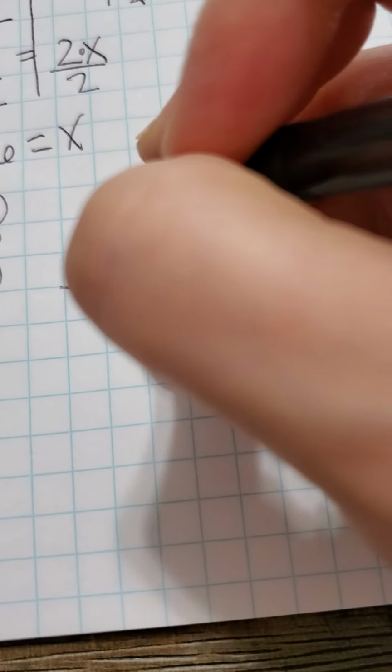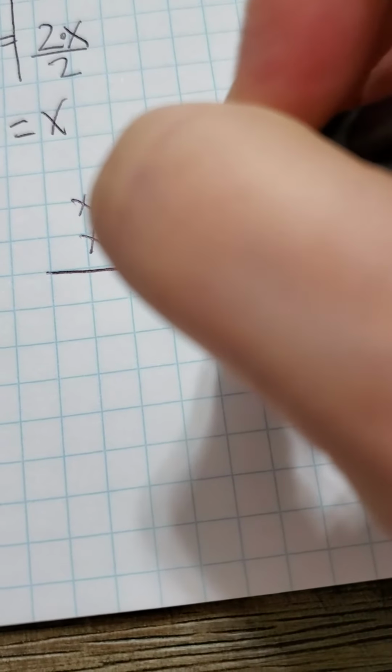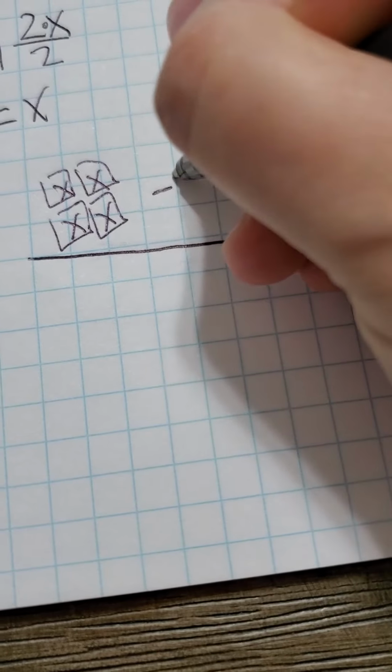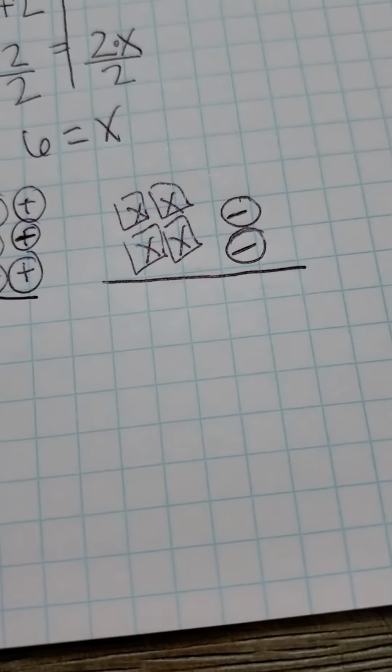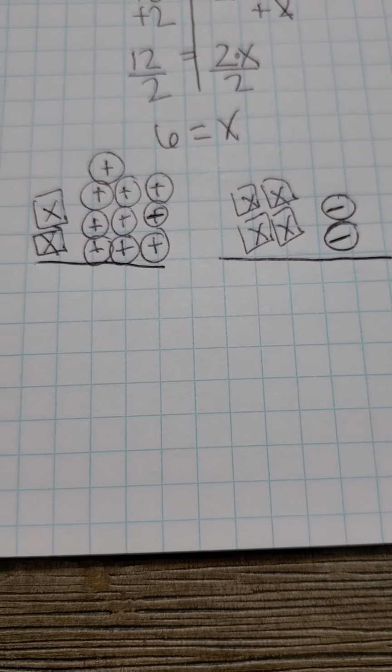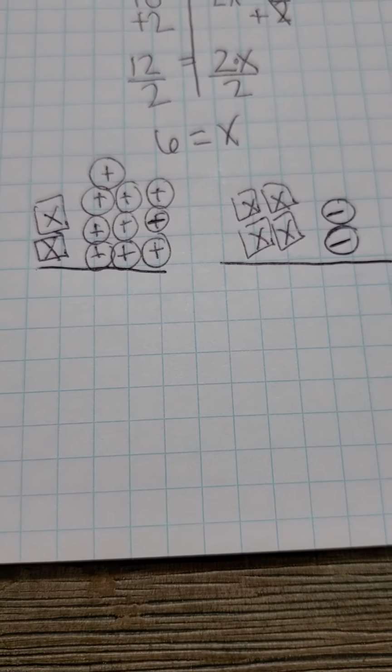And the other side, 4x and 2 negatives. So this scale has to stay balanced at all times, so whatever I do to one side, I have to do to the other.